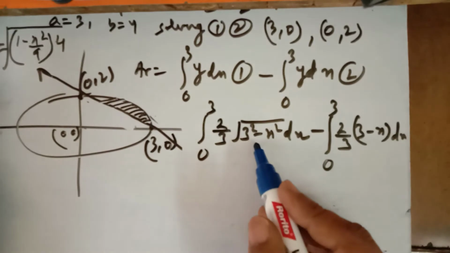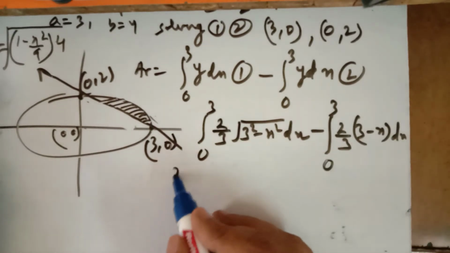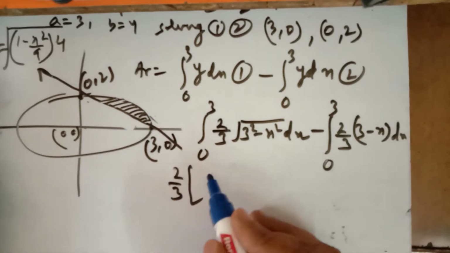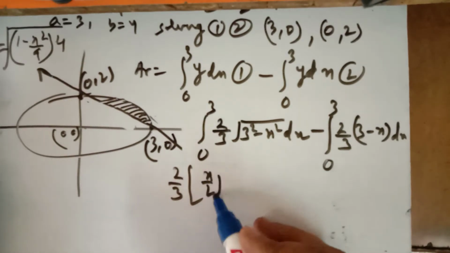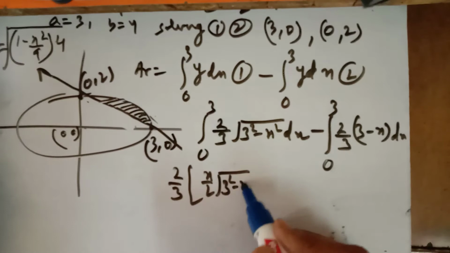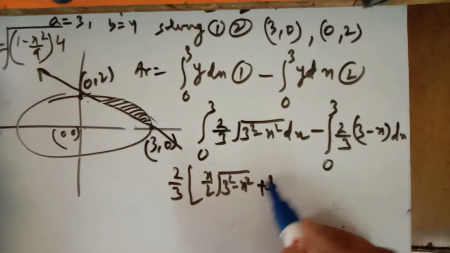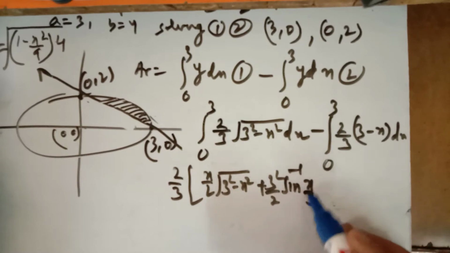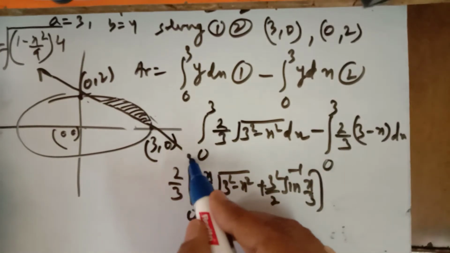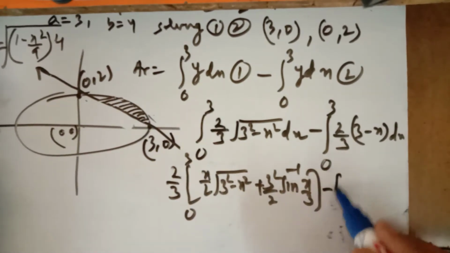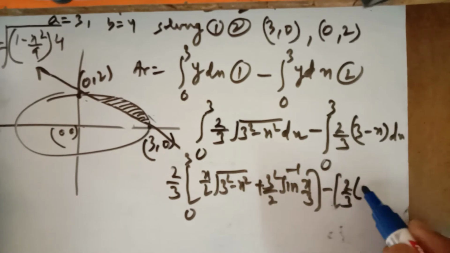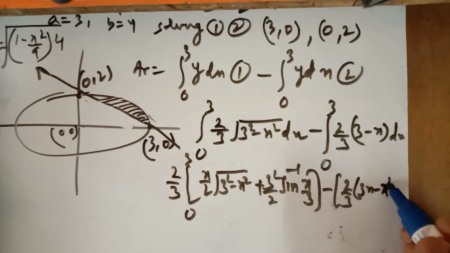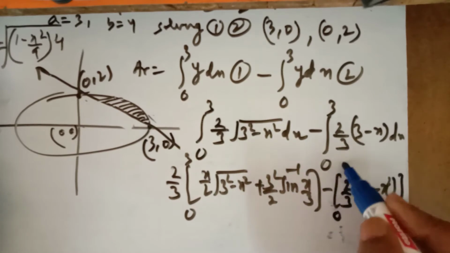Now this is a special integral and this is a straight line. So you can easily integrate. The integration of under root a square minus x square is x by 2 under root a square minus x square plus a square upon 2 sine inverse x upon a, and the limit is from 0 to 3. And here it will be 2 by 3 into (3x minus x square by 2), and the limit is 0 to 3.